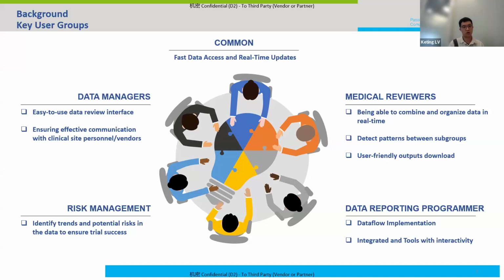As for the medical reviewers, what they want is being able to combine and organize data in real time, detect patterns between subgroups, and also a user-friendly window to download outputs. More importantly, the common request is quick turnaround whenever there is a refresh of the EDC datasets, ensuring that all outputs can be immediately delivered to their hands.